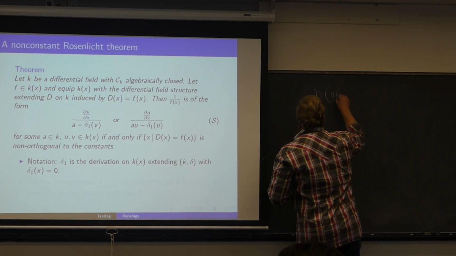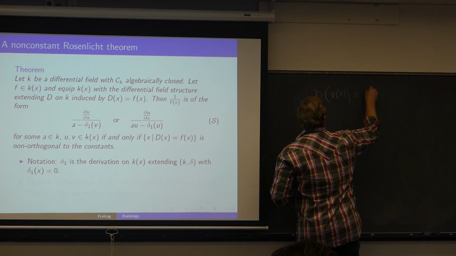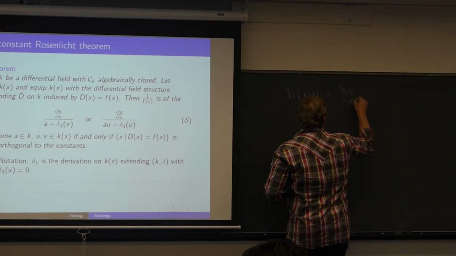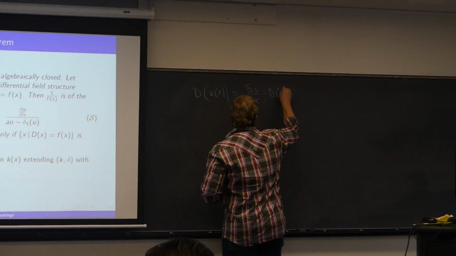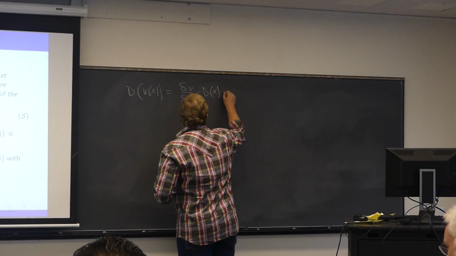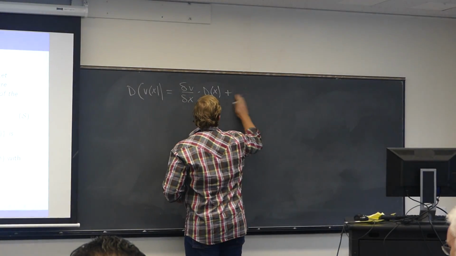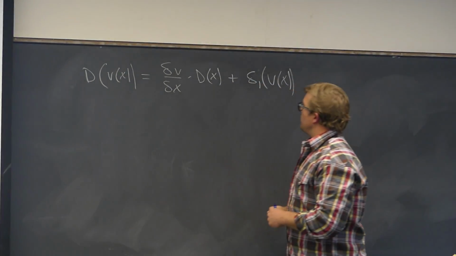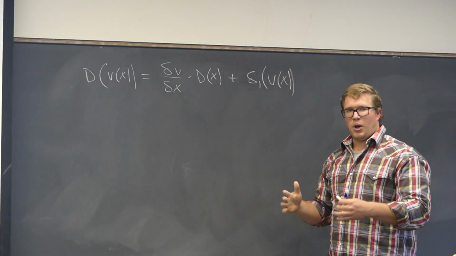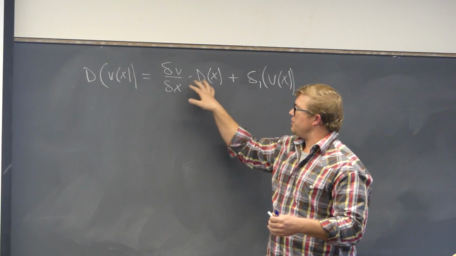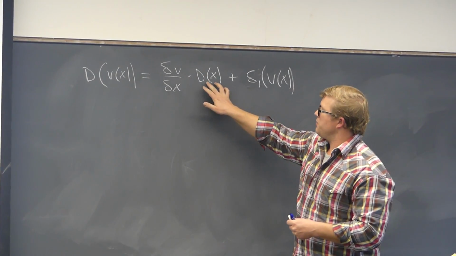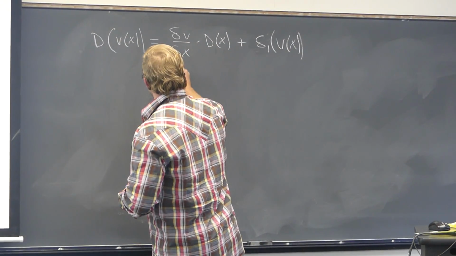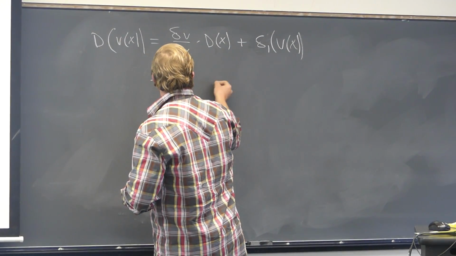So if you calculate d of V of x, the partial derivative of V with respect to x, that's dV/dx times d of x plus delta 1 of V of x. Okay, so by the product rule, you need to differentiate the coefficients, and you have to differentiate the variable. But now if you plug in what you know for d of x, this is dV/dx.